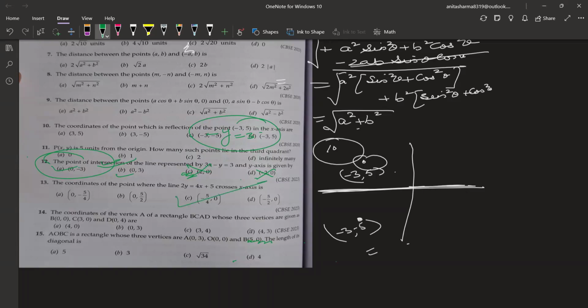The coordinates of the vertex A of a rectangle whose 3 vertices are given. Okay, now you have to find the 4th vertex, that is A. Draw these vertices, children.